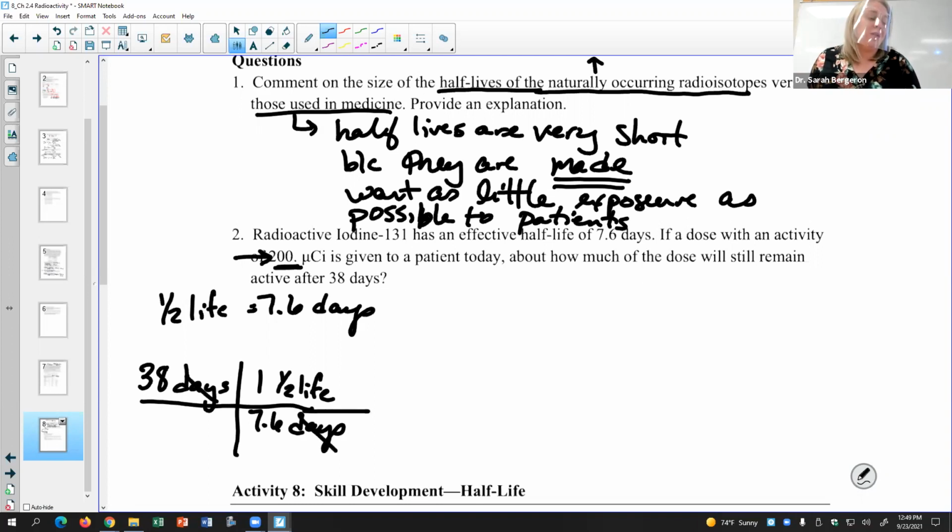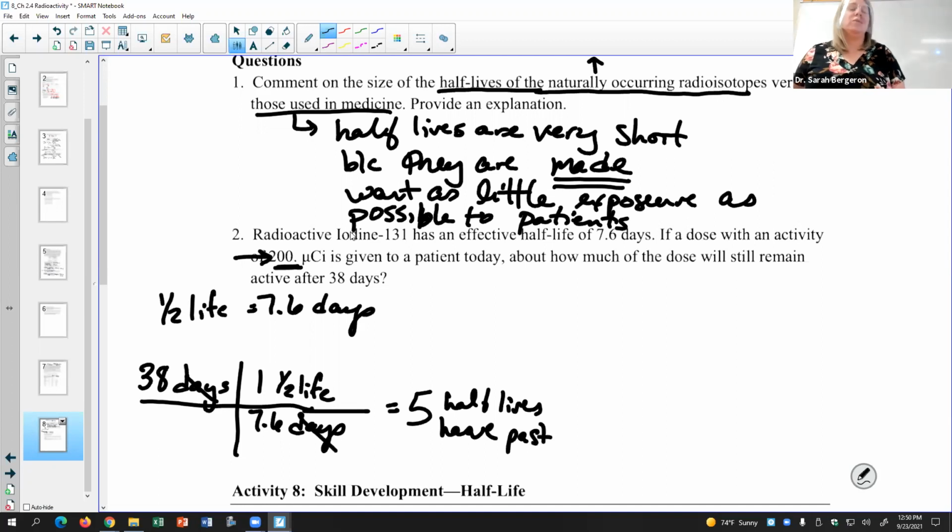So how many half-lives have passed? 38 divided by 7.6. 5? Is that what y'all got? Yeah, okay. So 5 half-lives have passed.